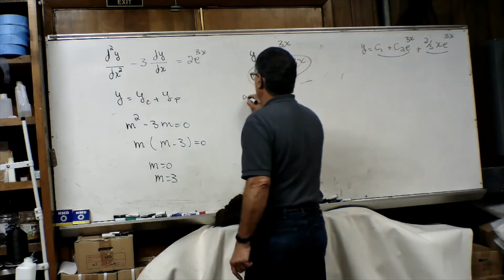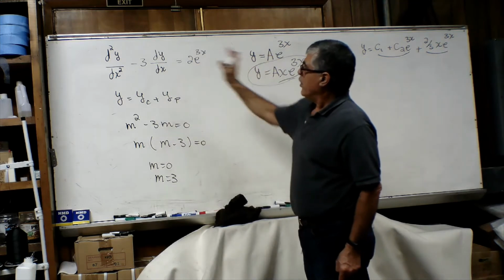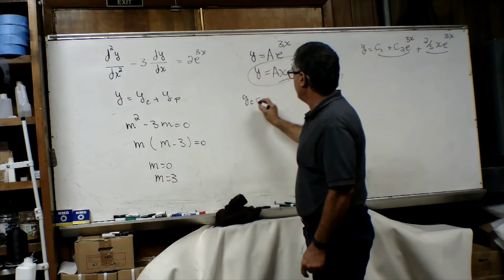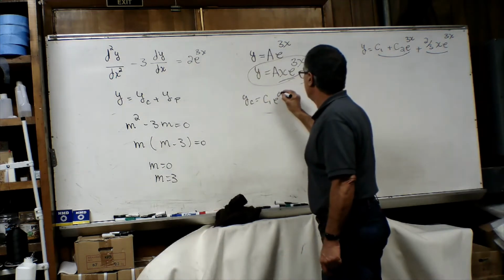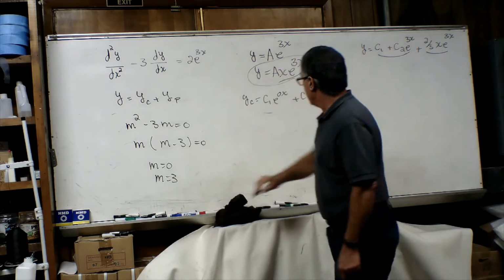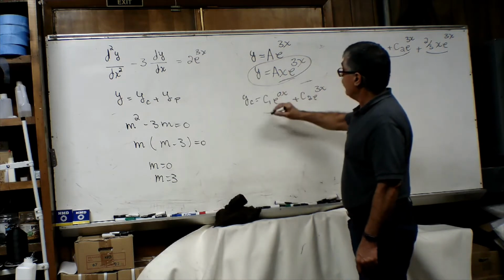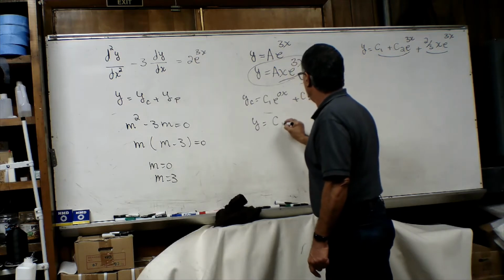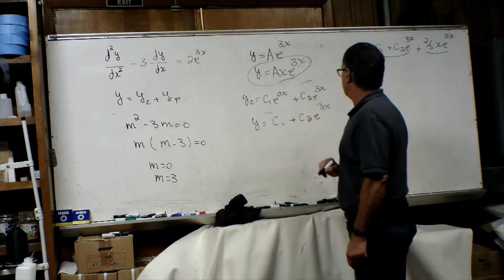So yc, the solution to the homogeneous portion, will be equal to c1 e to the power 0x plus c2 e to the power 3x. Since e to the power 0 is 1, yc will be equal to c1 plus c2 e to the power 3x.